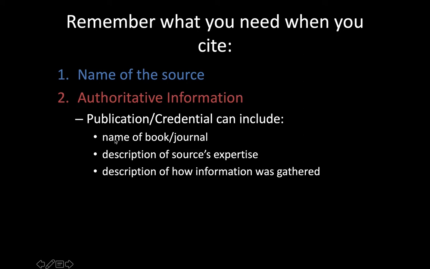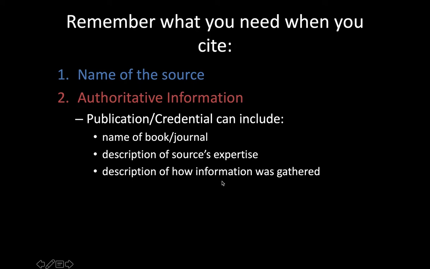Now that can include the name of a book or a journal, right? If you say something is published in a journal, that tells us right away that it's academic. If it's been published in a book, that suggests the same thing. Or you might have to tell why the source has good expertise. This is because of the person who did it. This could be because of the information that they have from that.